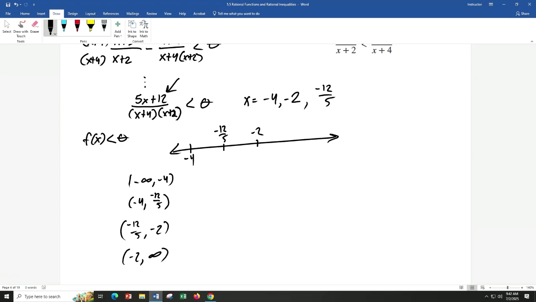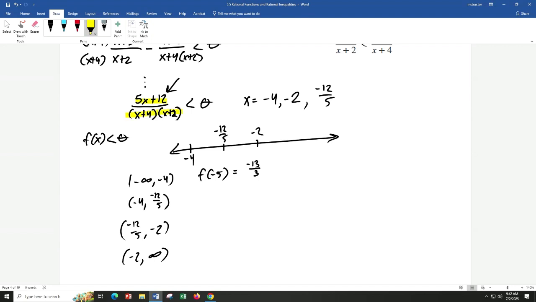You're just going to start plugging in test points again. Remember that? And where it works is where it matters. Notice on this first one, if I do f of -5 and finish up all the math, I get -13 over 3. I'm just plugging that -5 back into my equation right here, aren't I?